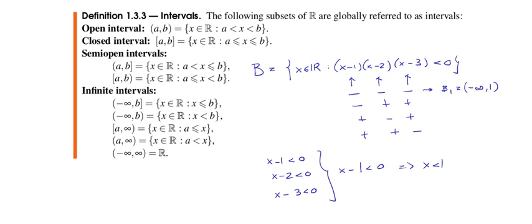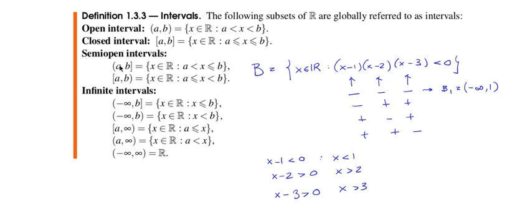Now, let me see. We have x minus 1 negative, x minus 2 positive, x minus 3 positive. That means x is smaller than 1, but x is greater than 2 and greater than 3, which is impossible.